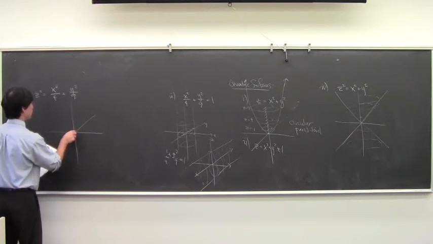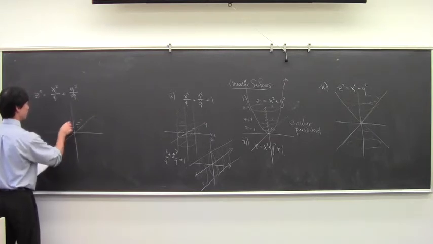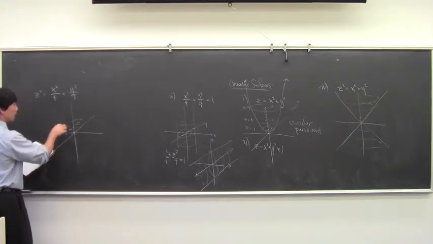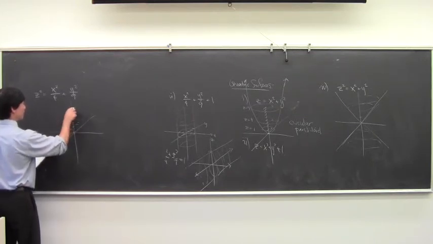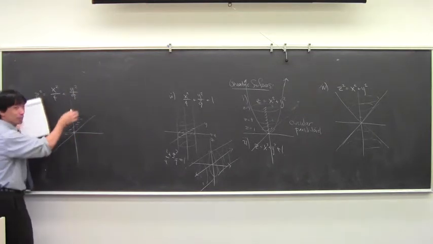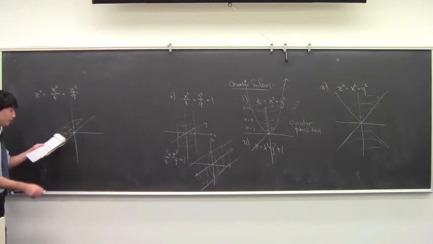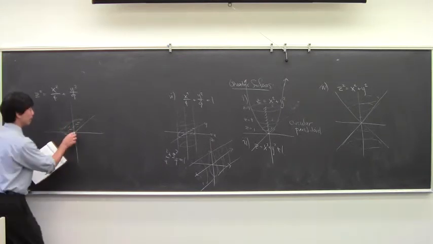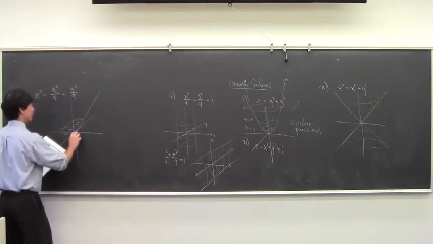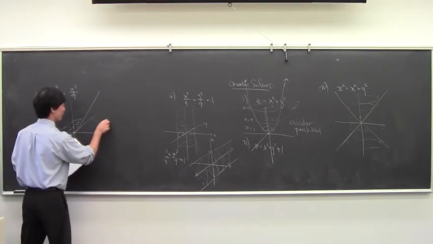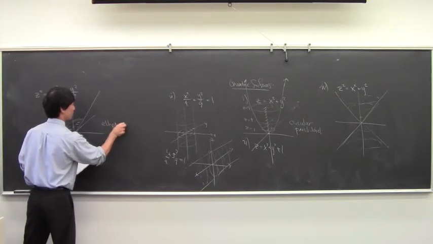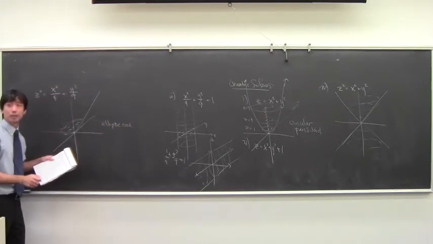So here it's just going to be a point. At height 1, you're going to end up with this standard one, 3, 3. I can't really draw it, but you basically get ellipses going up, and then ellipses going down, expanding in a linear manner. Sorry, but it's an elliptic cone.